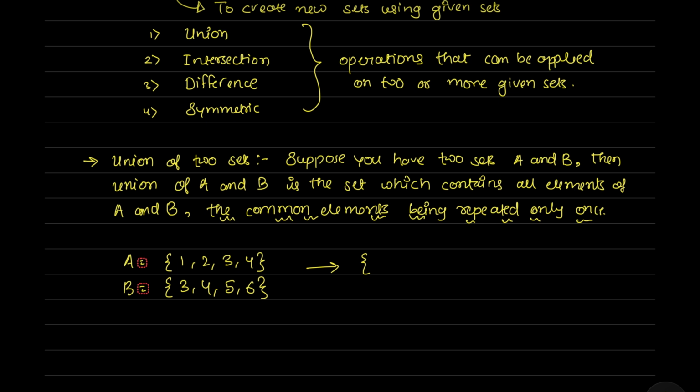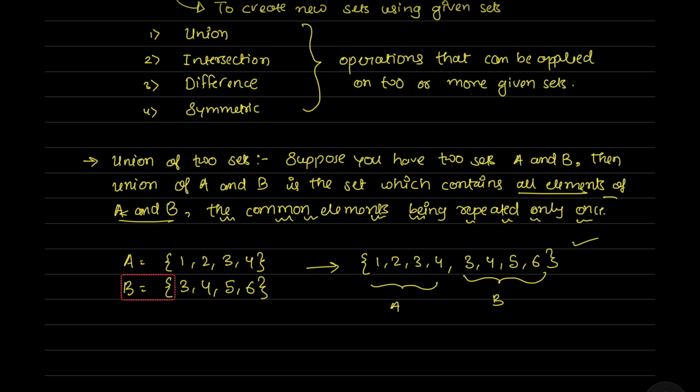First, let us write the first part of the definition. It contains all elements of A and B. Let us just list down all elements of A and B. These are all elements of set A. Next, we will write all the elements of set B. Alright. So this is the first part of the definition.